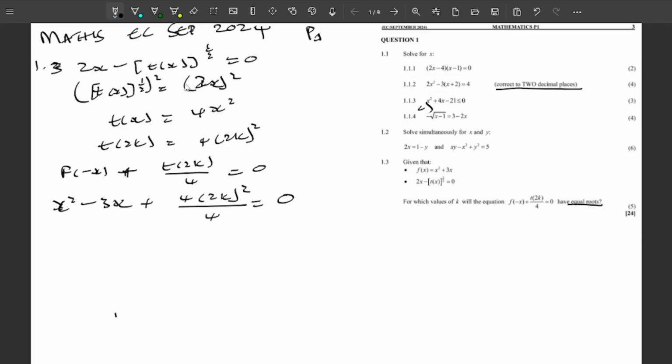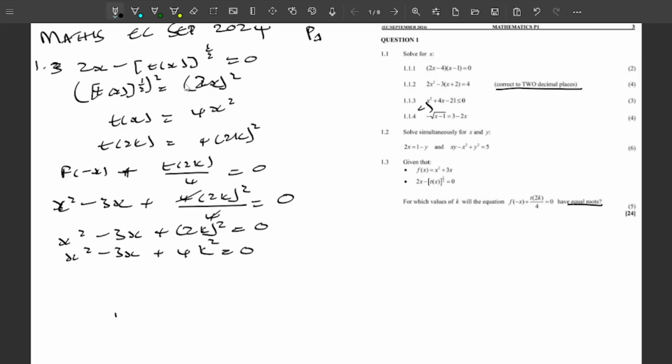Then from there on, we are going to simplify it, and we would be left only with x squared minus 3x plus 2k squared. Now remember, it's squared, therefore it's going to be 4, this one. So we're going to have x squared minus 3x plus 4k squared is equals to 0.